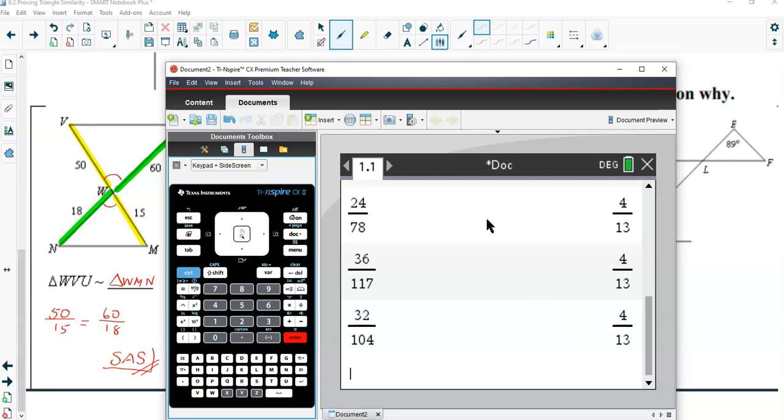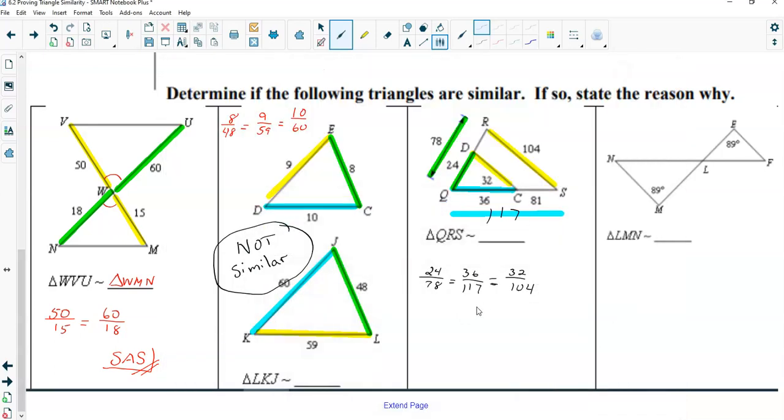That's still 4/13. Therefore, yes, they are similar by side proportionality. So remember to put the triangle symbol: Q corresponds to Q, R to D, and S to C. And there you are. Triangle QRS is similar to triangle QDC.